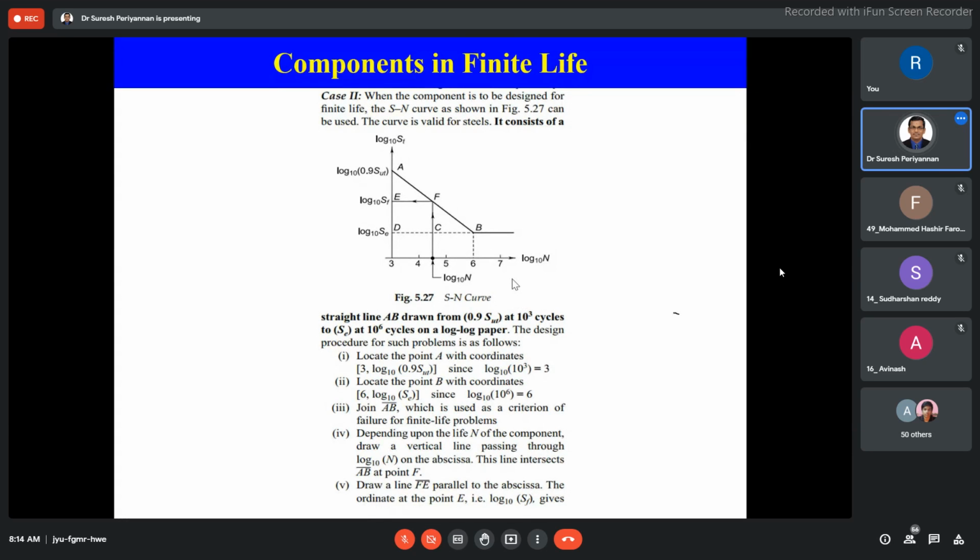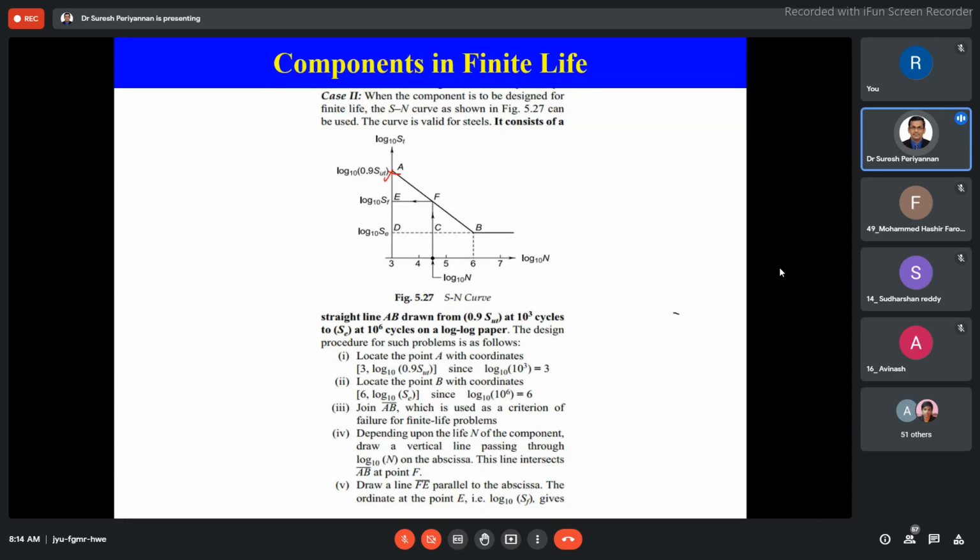This is from the laboratory data, the crankshaft material S_UT.